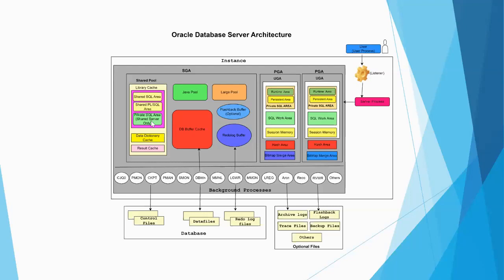So that is about the shared SQL area and private SQL area inside the library cache. The next thing that we see inside the shared pool is the data dictionary cache. What is this data dictionary cache?